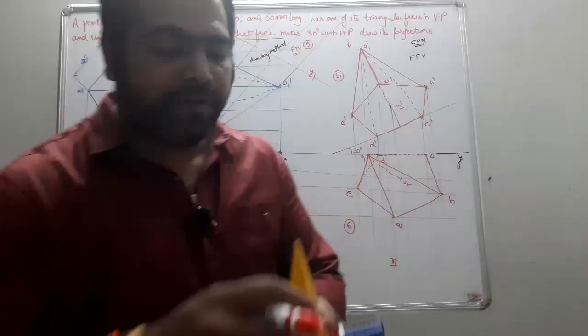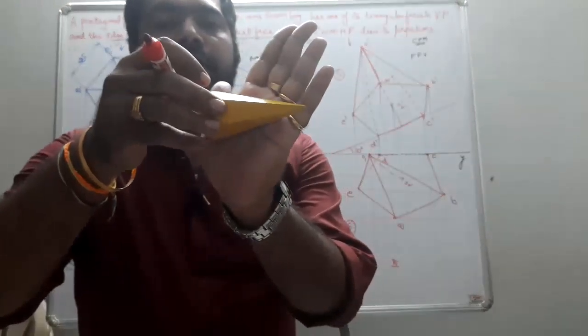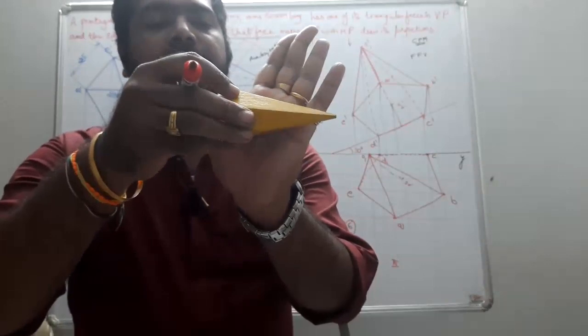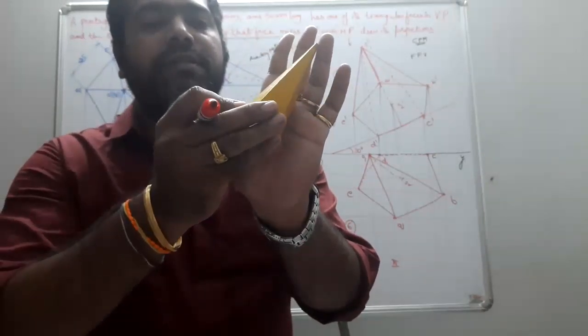So simply let us see when it is on the ground, and the edge is tilted at an angle of 60 degrees like this.